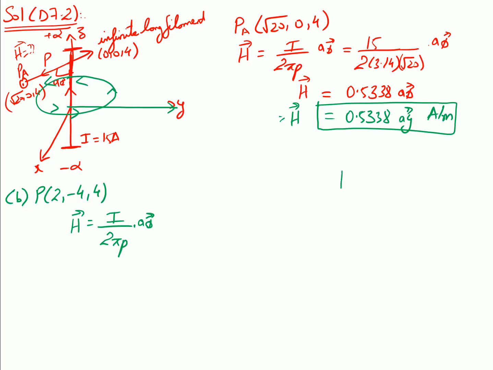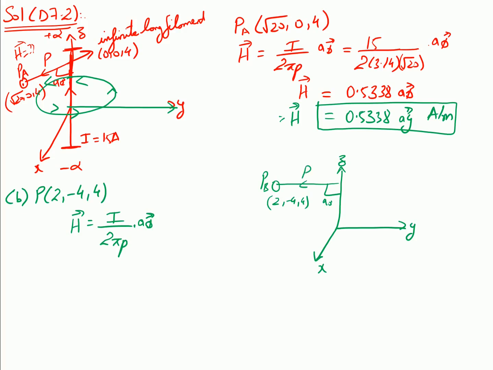If we plot this again for point B, with x, y and z, we can say that point B is lying somewhere over here, where the point is (2, -4, 4). So the angle made is 90 degrees. In this case we need to figure out what this rho is.